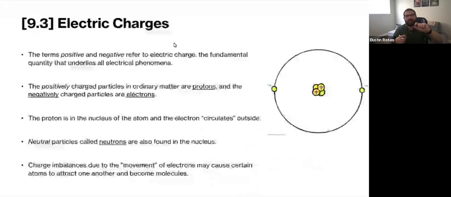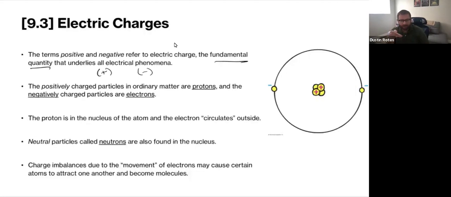So the terms positive and negative refer to electrical charge, as I'm sure you know just from intuition. This is the fundamental quantity that underlies all electrical phenomena. So we have some fundamental charge that could be positive and some fundamental charge that could be negative. And we'll talk about what that value is in a little bit.